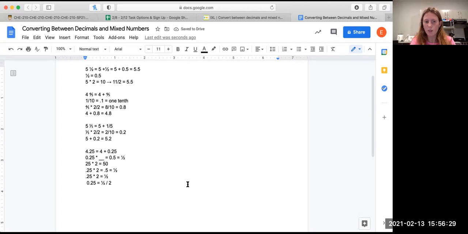So when you're dividing a fraction, you can actually just multiply by the reciprocal.